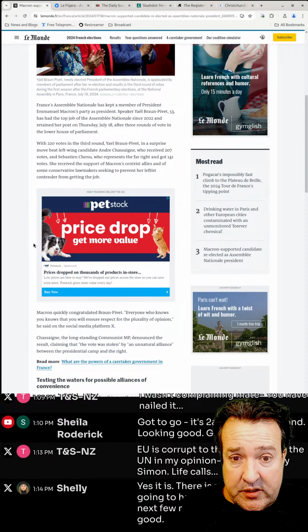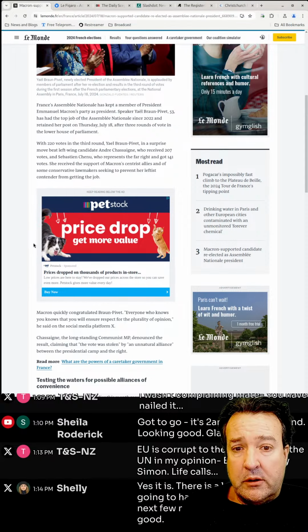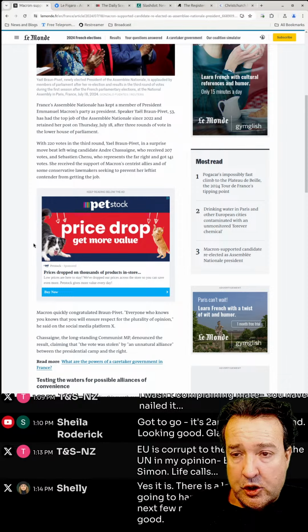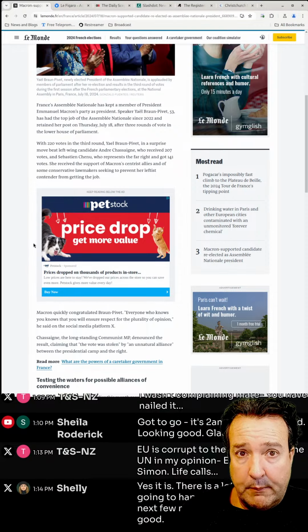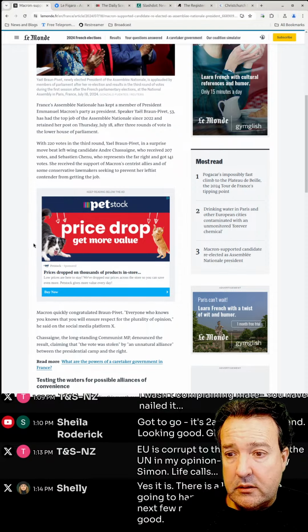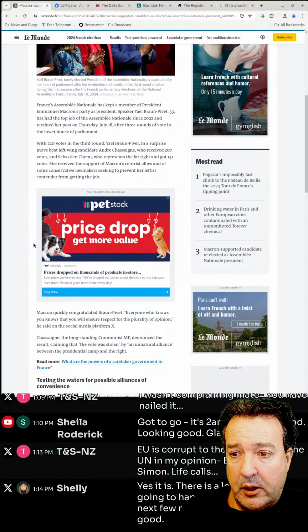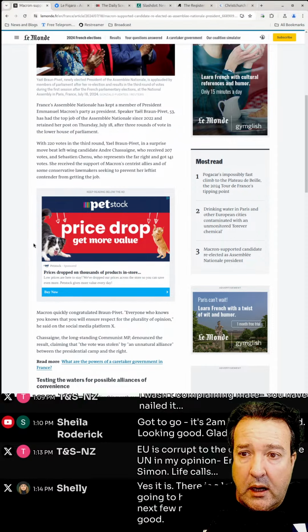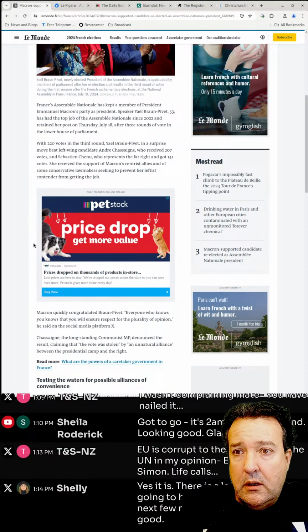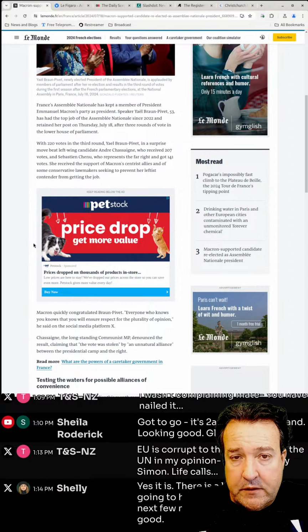Excuse me, just digesting my coffee. Far left are a threat. The LFI and Mélenchon, those guys are just the worst. And as much as Rassemblement National and Marine Le Pen are demonized by the press, particularly the English-speaking press, while they are populist / far right, they are nowhere near as much of a threat to the Fifth Republic as the far left is.